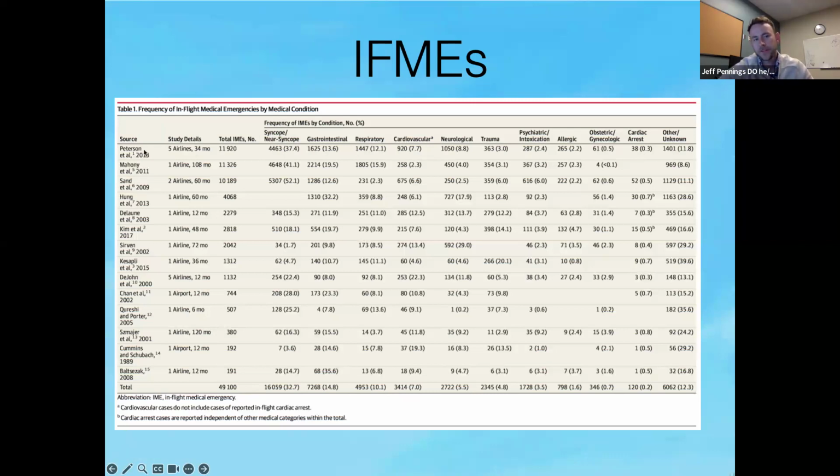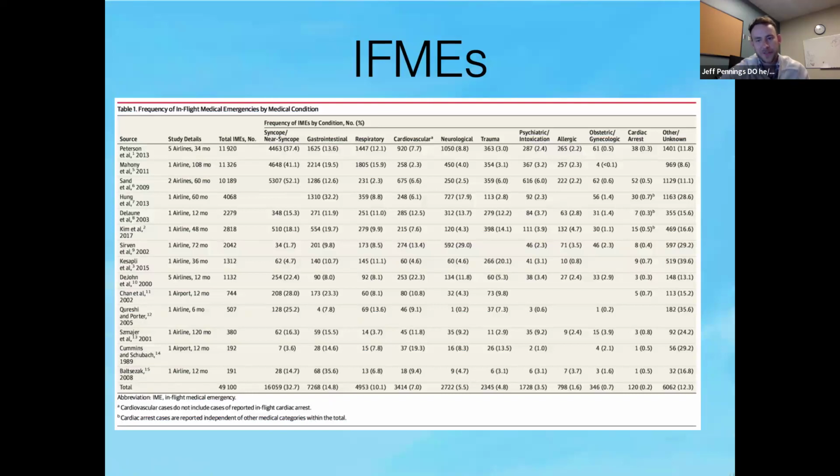Part of this Peterson study that was interesting to me: when they were looking at GI in-flight medical emergencies, they looked specifically at nausea and vomiting and found that if antiemetics were given, the flight was diverted 0.9% of the time.